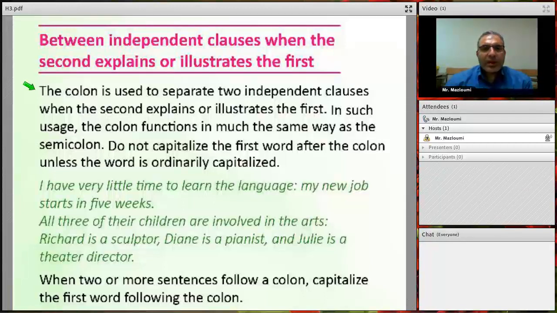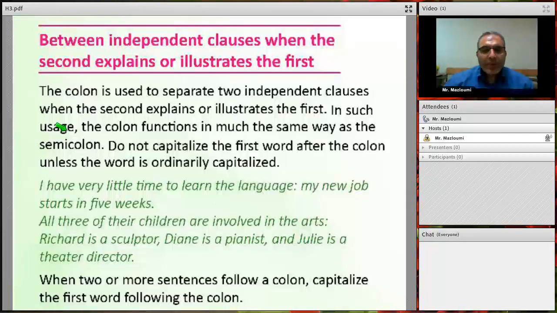We use the colon between two independent clauses when the second sentence explains or illustrates the first sentence. In such uses, everyone, when the second clause explains the first clause, the colon functions in much the same way as the semicolon. We can use a semicolon because the second sentence explains the first one.